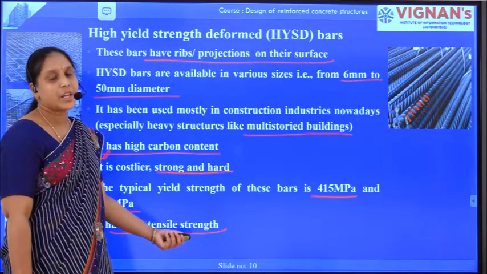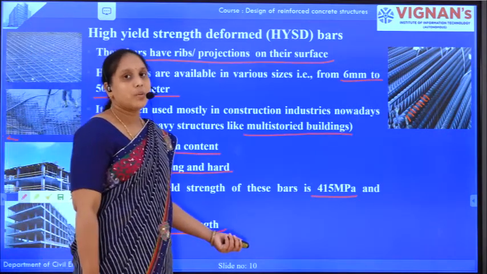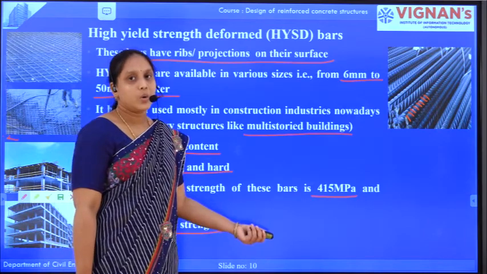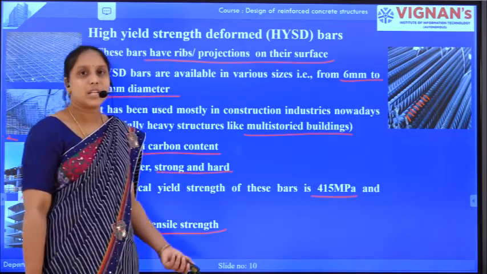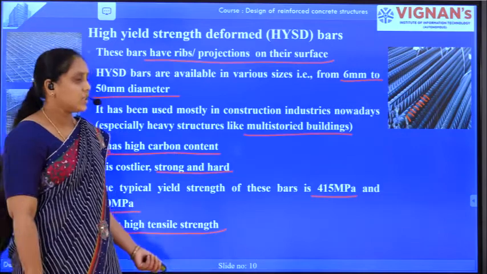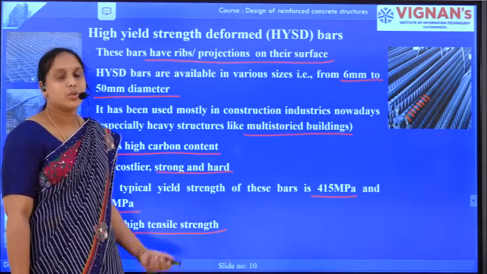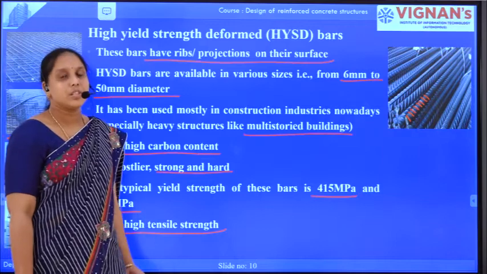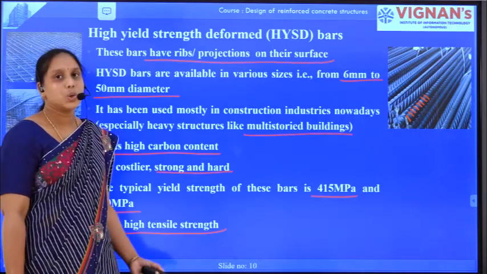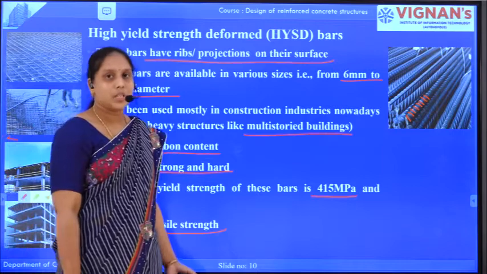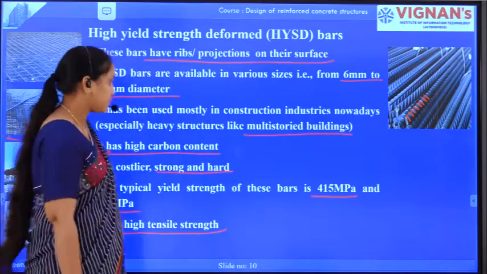The yield strength is 415 Newton per mm square and 500 Newton per mm square. But for mild steel, the yield strength is 250 Newton per mm square only. For that reason, the HYSD bars are mostly used in heavy constructions nowadays.